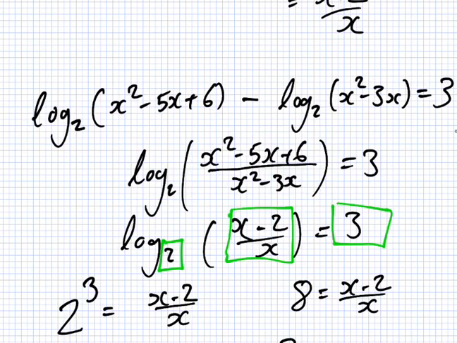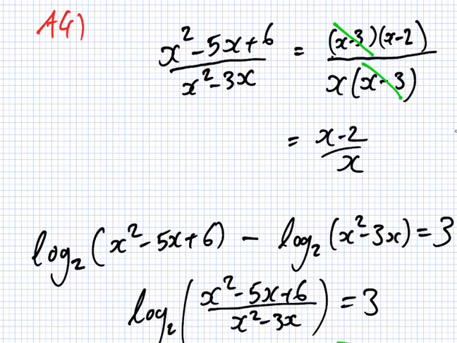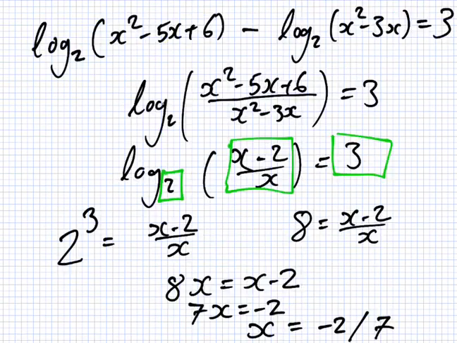Firstly, there's one problem here. I can't use x as 3, and I can't use x as 0, because then we're dividing by 0, and that's bad. Do I have 0 or 3 as my answer?